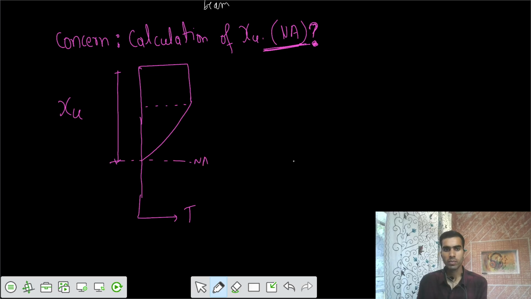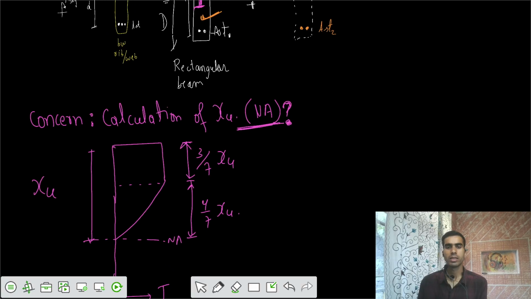I said that this one is 3/7 XU, and this one is 4/7 of XU. So based on this stress block, we had three different cases.